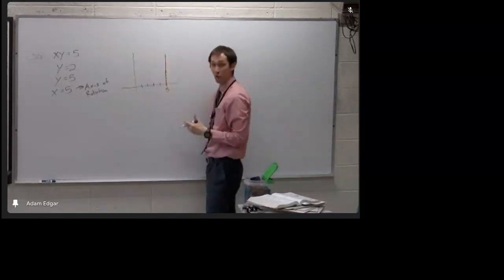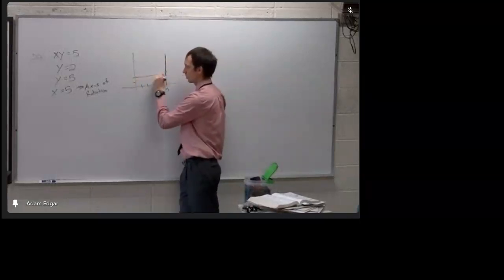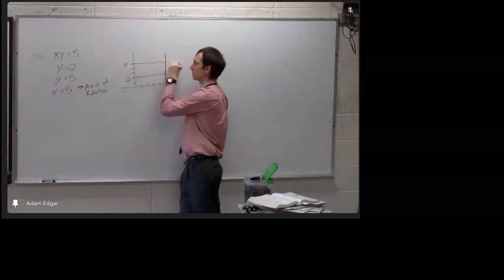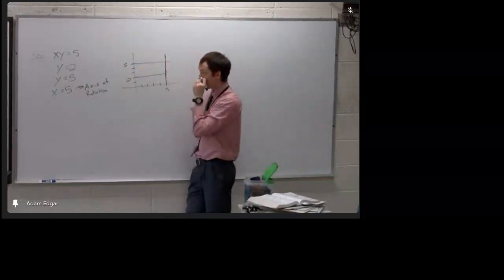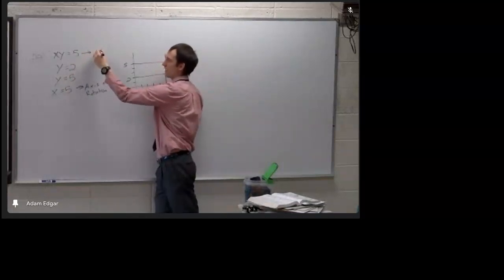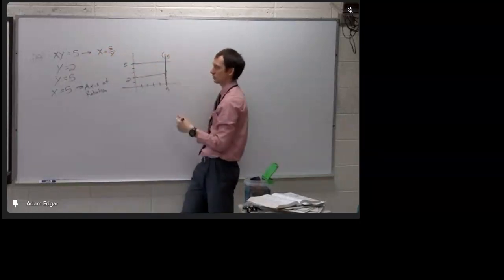So hopefully this is just going to be a disk then. And then we have y equals 2 and y equals 5. And then probably we want to do this in terms of y. So we'll have x equals 5 over y, because we're rotating about a vertical axis, so we're going to have to do stuff in terms of y.